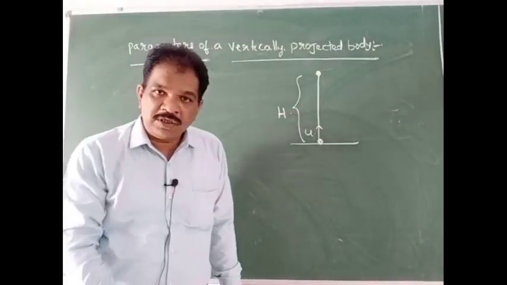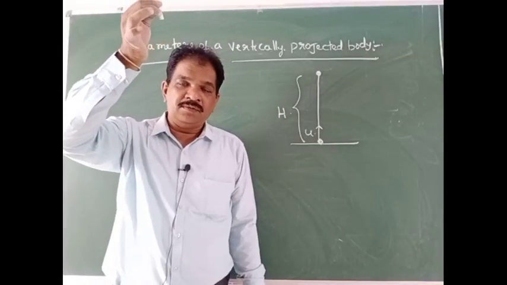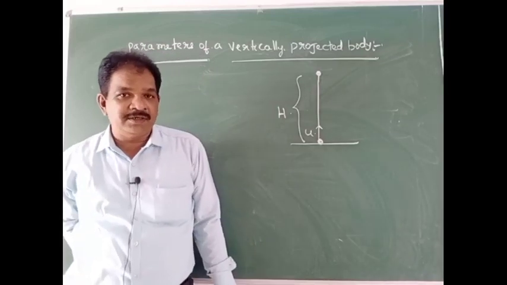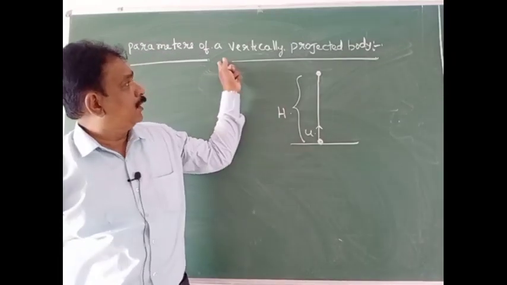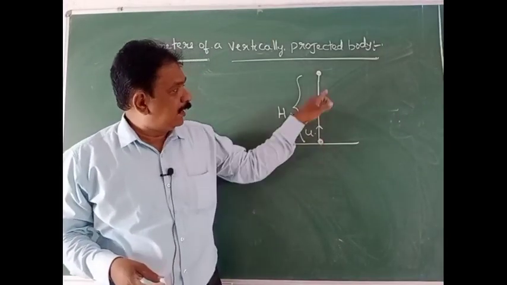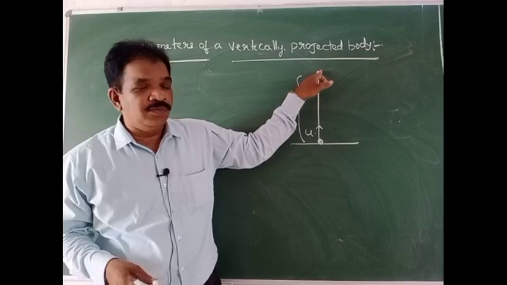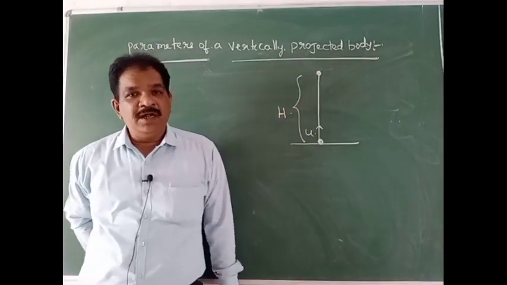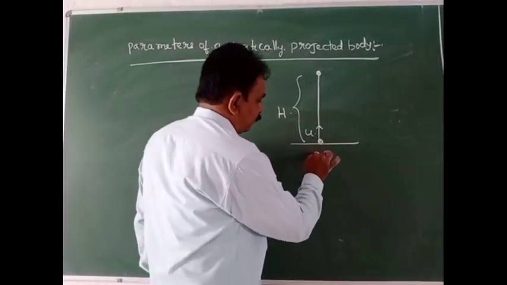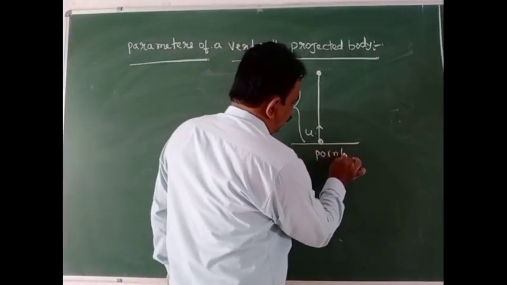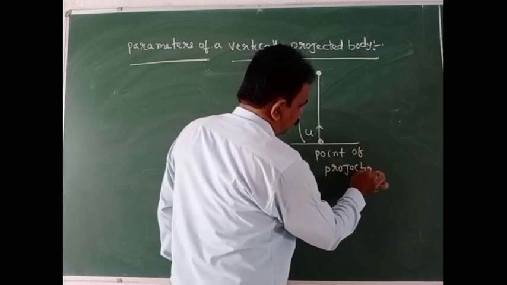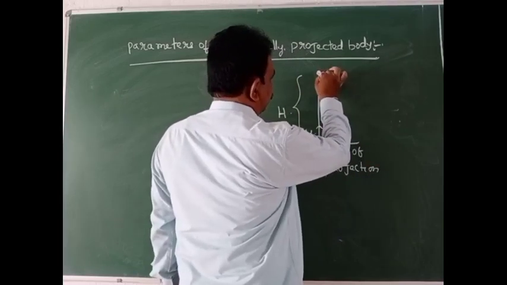So if you throw a body vertically upward, the maximum distance it will travel will be called the maximum height. How much time it takes to go from here to here will be called time of ascent. This is the point of projection, from where we threw that particular body. It reaches to here.